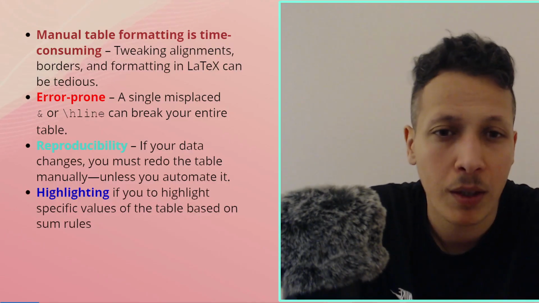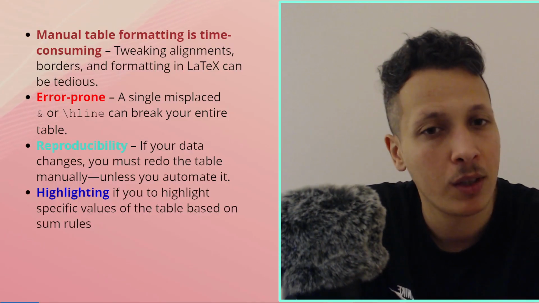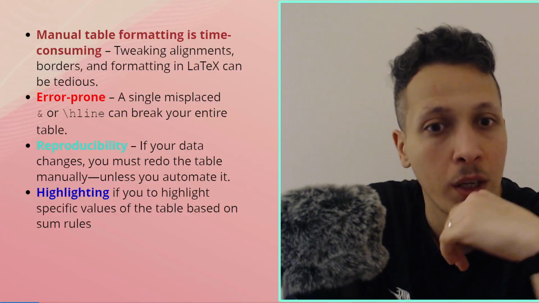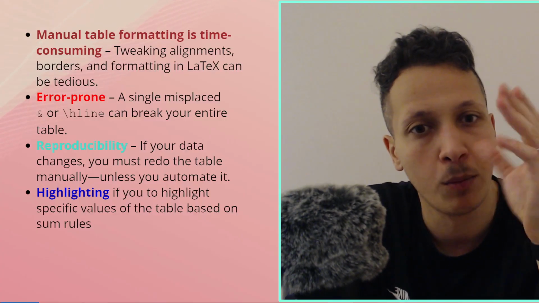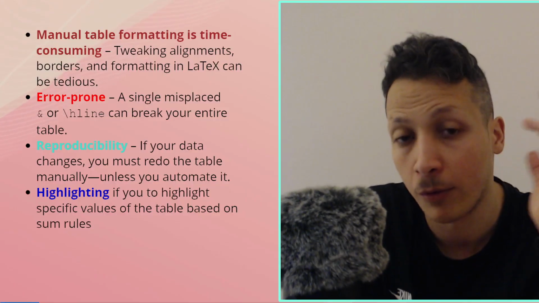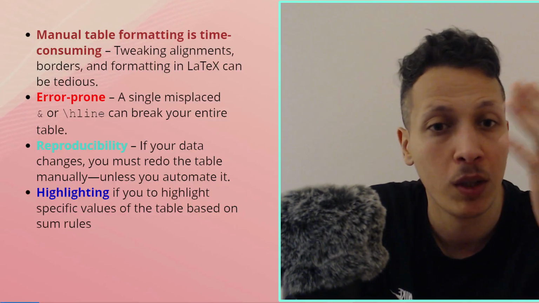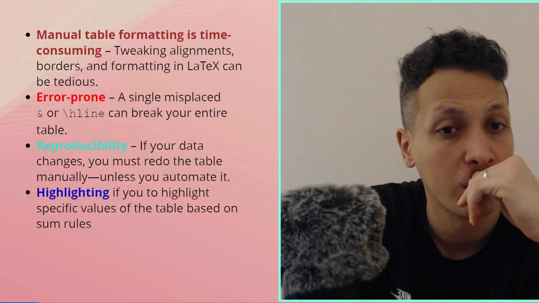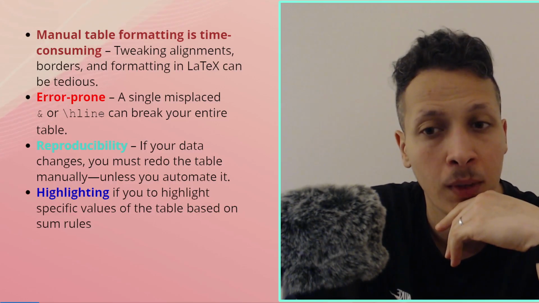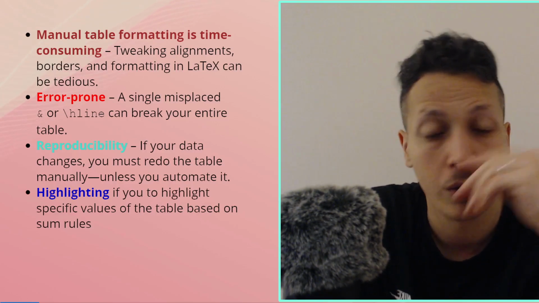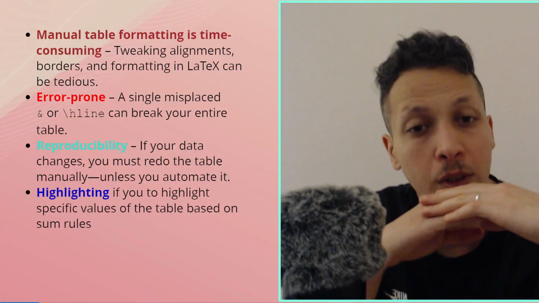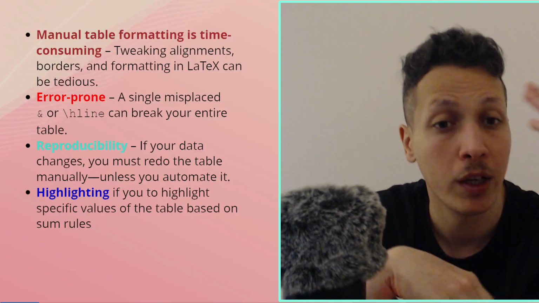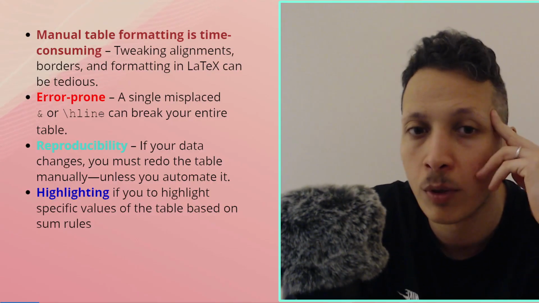The next one is quite interesting, because sometimes in our LaTeX table we need to highlight some specific value based on some criteria that we have set, or some value that we want to showcase in our table. And this can be quite troublesome if our table is quite long with many rows and many columns.